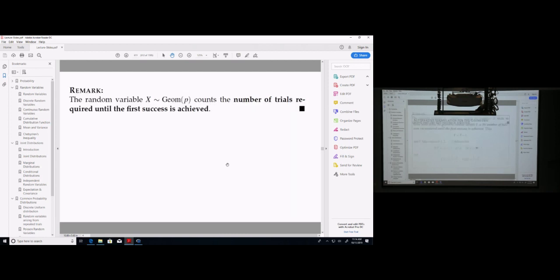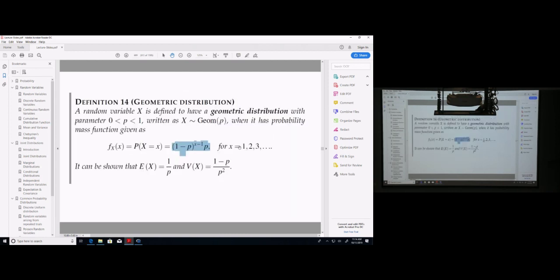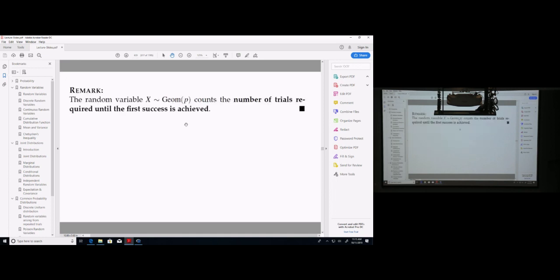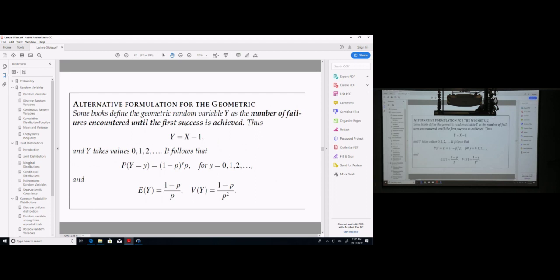But if you look back, I start with 1. That is the smallest possible number because you need to count the trials, including the one that leads to the success. So you have to start at 1. So either you look at the density definition, then you can tell whether it is the version counting the total number of trials, including the success, or you are counting the total number of failures. All right? Not counting the success.